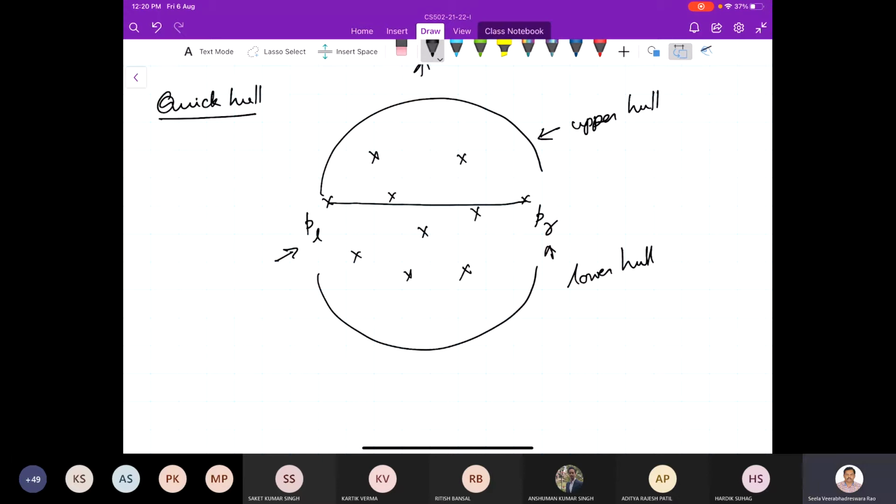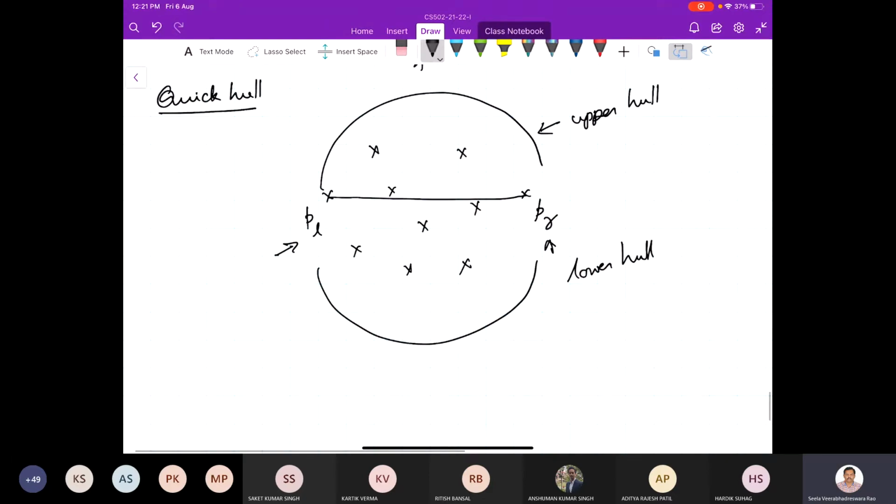Now, if you want to repeat this step in the next iteration, we have to find a point which is on the boundary of this convex hull. Say, for example, this is one point. Now, if you join this point to both PL and PR, all the points inside this triangle are not part of the final convex hull. You can remove them.